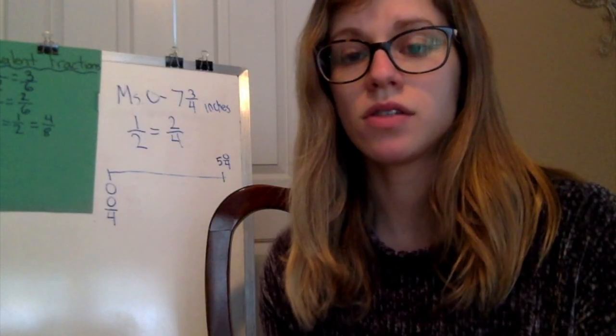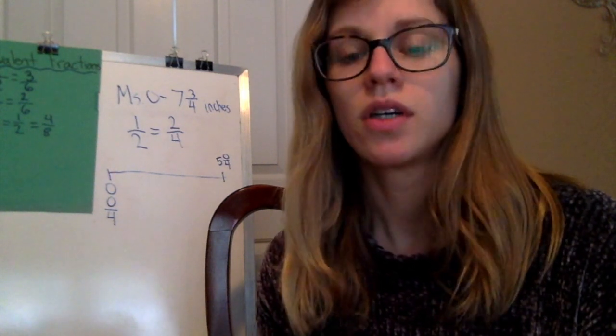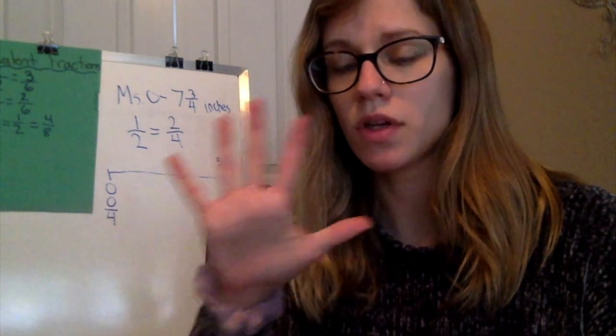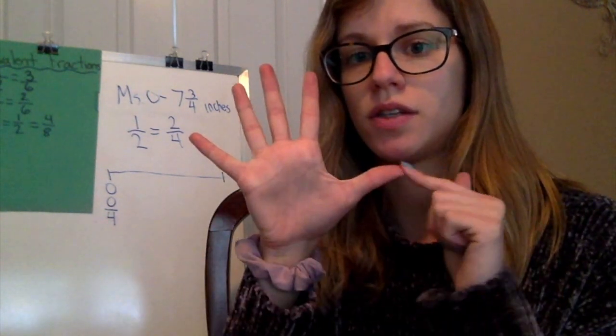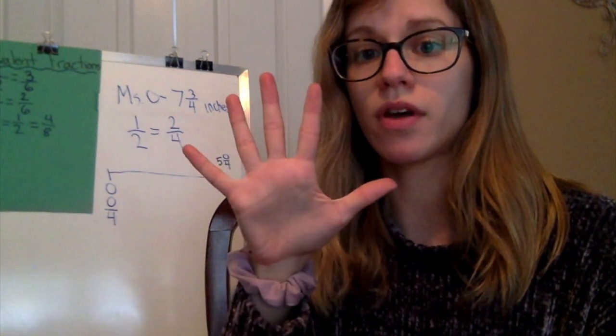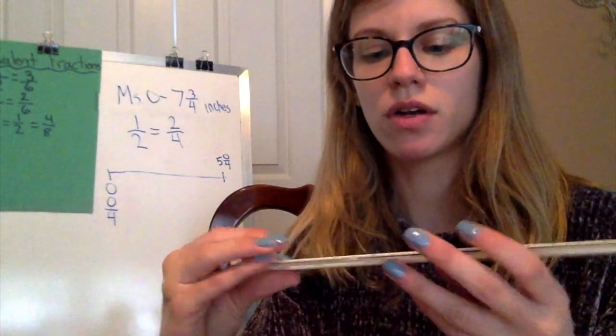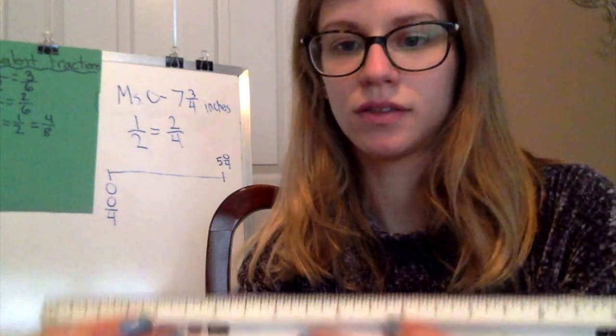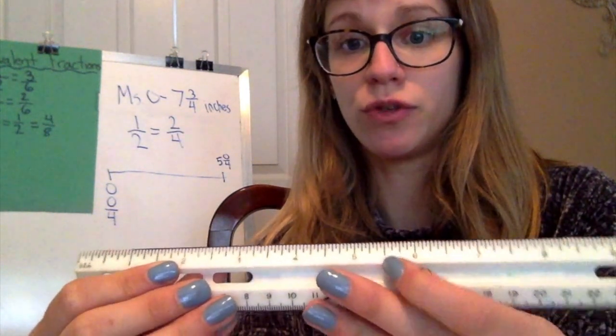So what I'd like you to do now is on any piece of paper, go around and measure the people in your house's hand spans. So from their pinky to their thumb, and measure it to the nearest fourth of an inch. Remember that 1/2 is equal to 2/4.